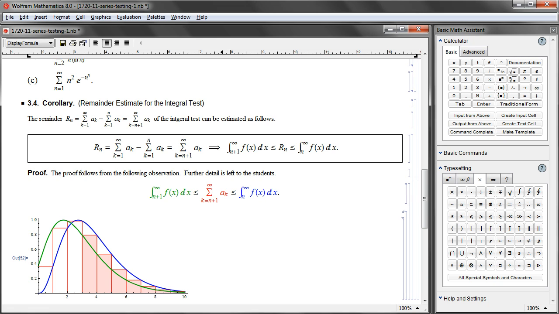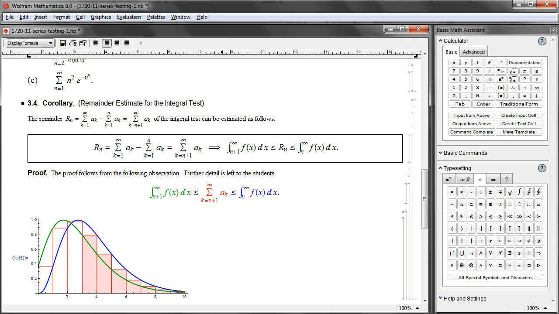Let's see, the integral from n plus 1 to infinity. What is the n value here? We have 3 white rectangles, 1, 2, 3.